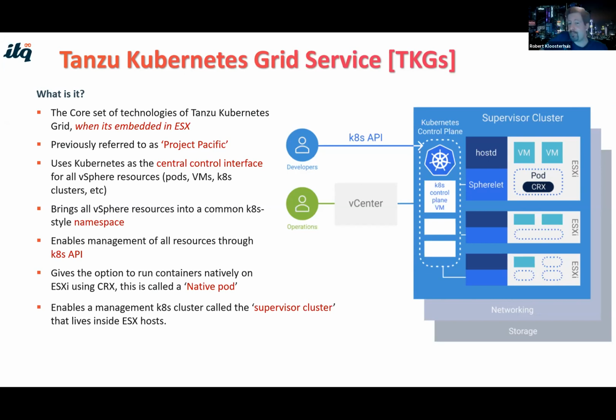This can be confusing because there is also a concept called namespaces inside Kubernetes itself. The two, while called the same, are only partially related. They're only really related to each other inside that management cluster, which we call the supervisor cluster when you run it embedded inside ESX.